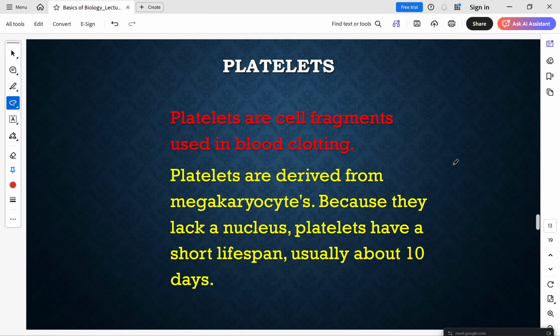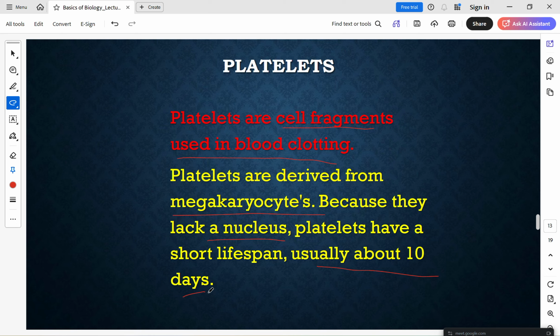So next are the platelets, which are cell fragments used in blood clotting. They are derived from megakaryocytes, and like RBCs, they also lack a nucleus. They have a very short lifespan, usually about 10 days, and therefore there is always a constant population of platelets, but they are dynamic in nature.